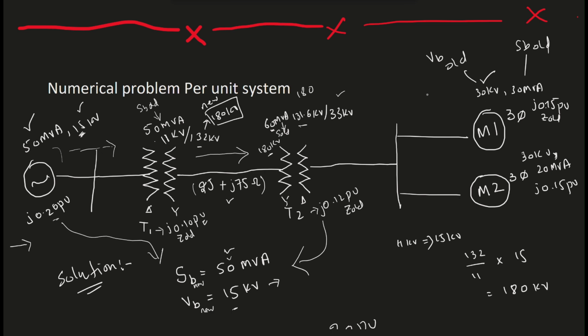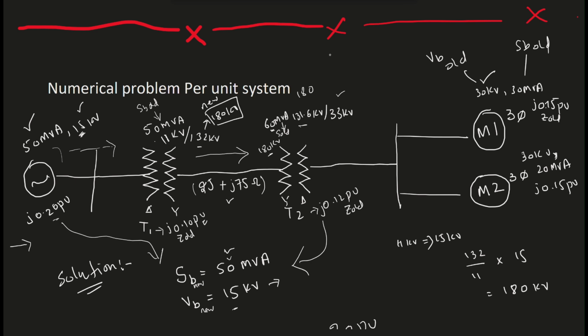What will be the new value? If we got 180 kV instead of 131.6 kV, then this 33 kV will also be changed. So let's find how it will be changed.